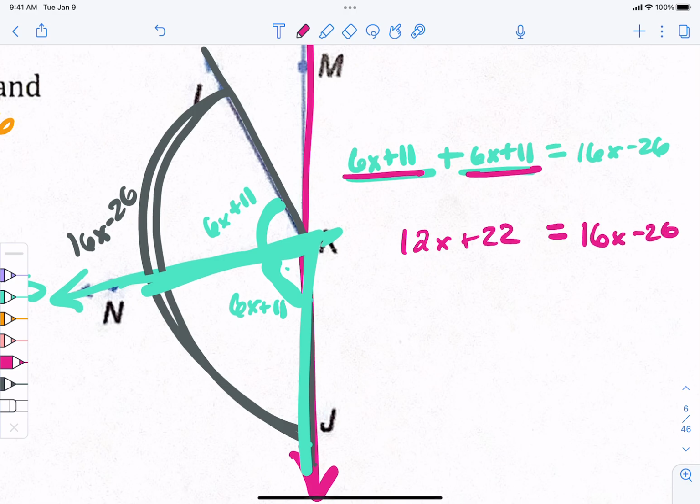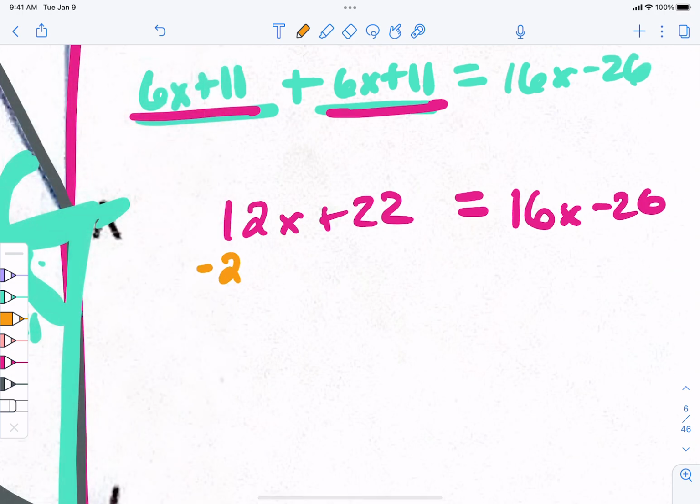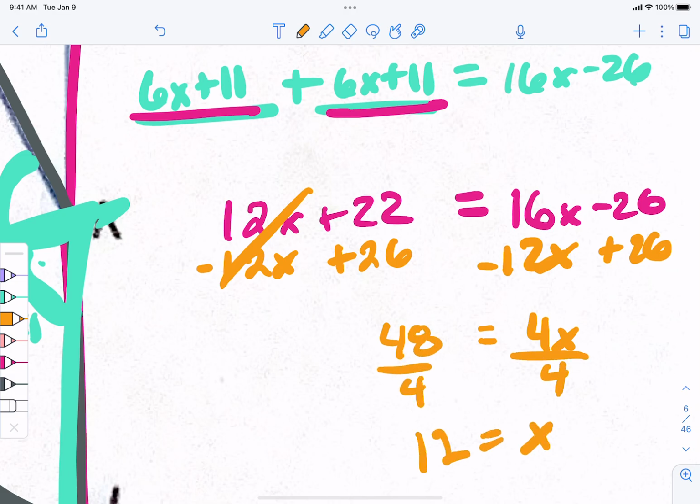Then what would you like to move? Let's add the 26 over and then subtract the 12x. So 12x minus 12x, 4x over here. What's 22 plus 26? 48. And then we divide by 4. x equals 12.